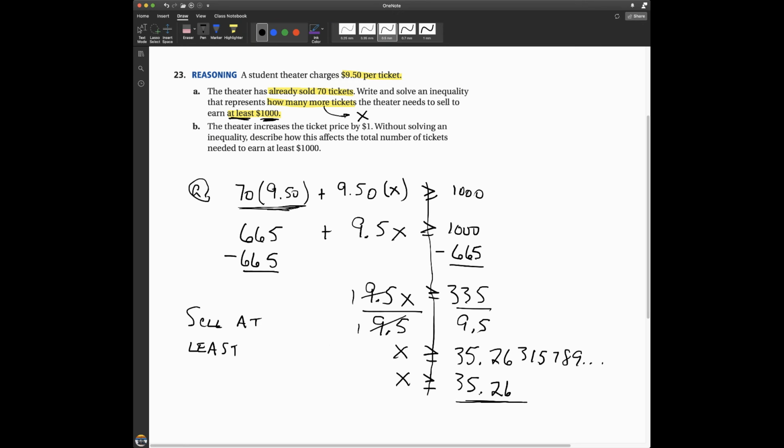Well, if you choose 35, 35 is not greater than or equal to 35.26. It's less than that. But I can sell 36 tickets, and that is a solution to the inequality. So sell at least 36 tickets, and you will reach your goal of having collected at least $1,000.